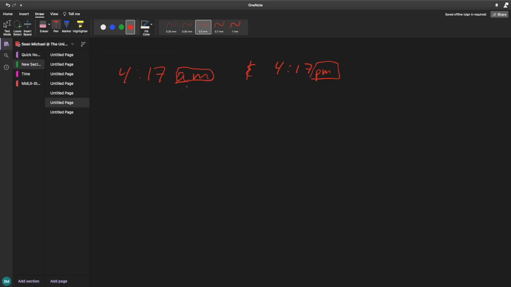The reason being is that this tells you whether it's going to be past 12 or not past 12. So AM is all smaller than 12. And PM means that the numbers are greater than 12, right? So that's how that works.